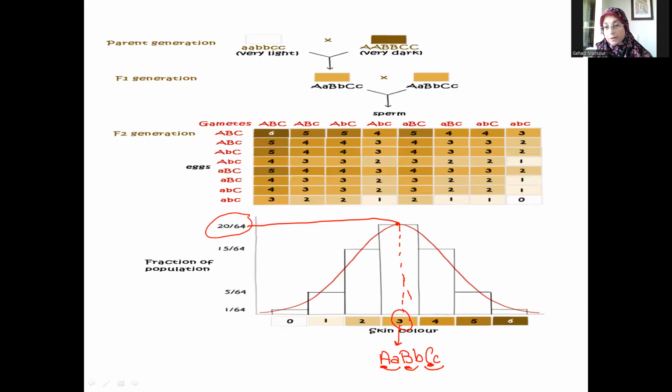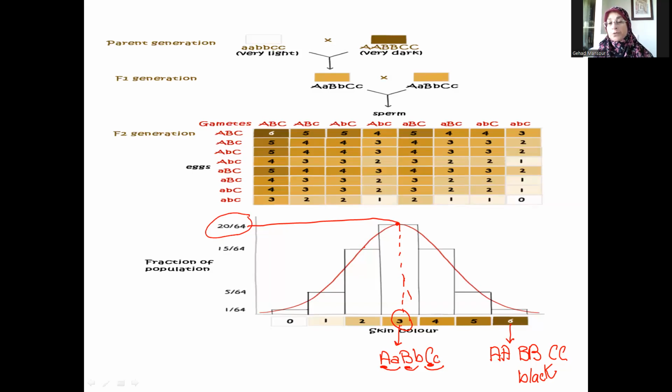But here, the number that is written here, which is 6, indicates that all of the 6 alleles in the 3 pairs are dominant, and this represents the black color. So when you have all of your alleles dominant, then this means that you have the darkest skin, and your skin color is black.